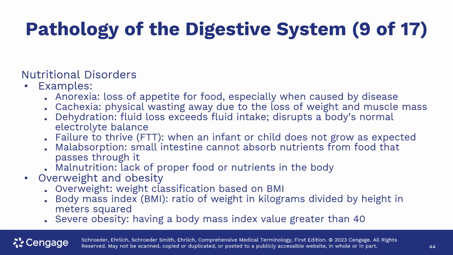You can be dehydrated when you don't have proper fluid intake or malnourished when you don't have proper food and nutrient intake. Malabsorption is where you cannot absorb the nutrients from food into the body. On the other end of the spectrum is obesity, where the BMI or body mass index is greater than 40.